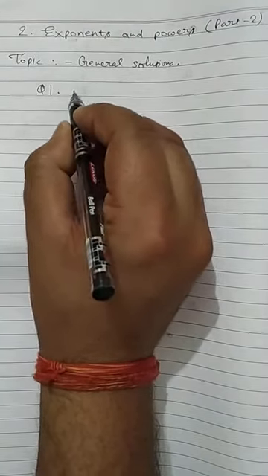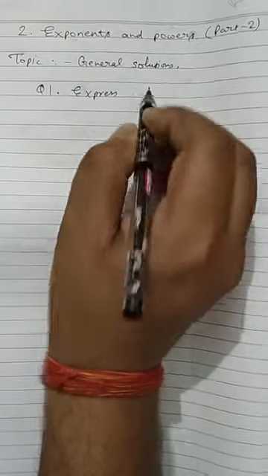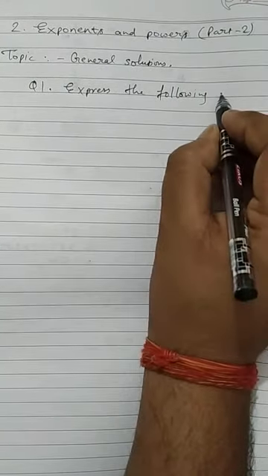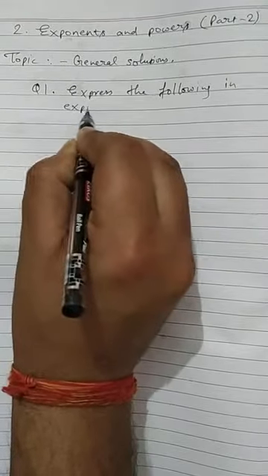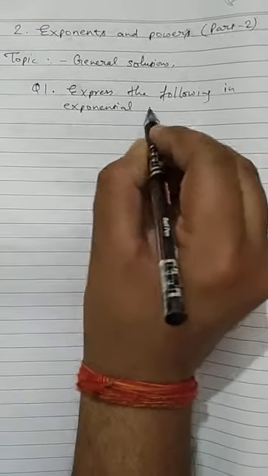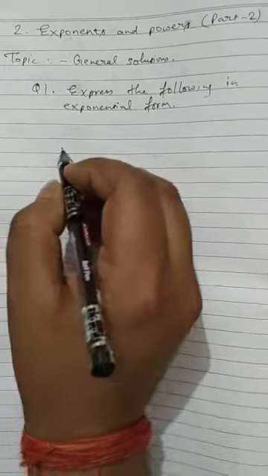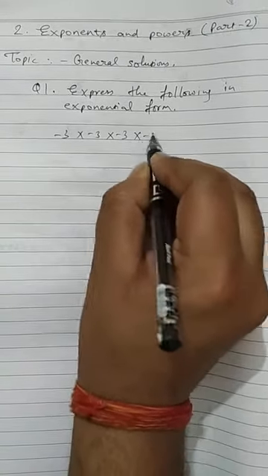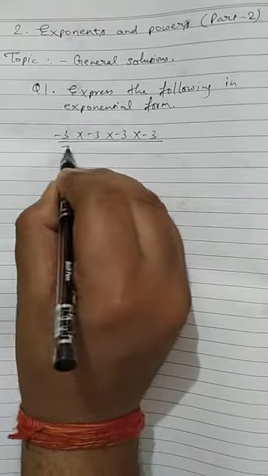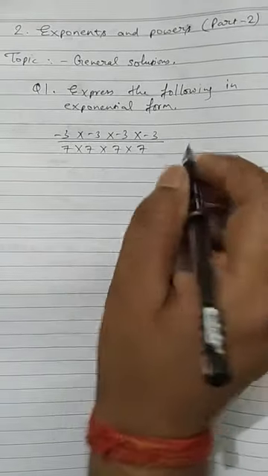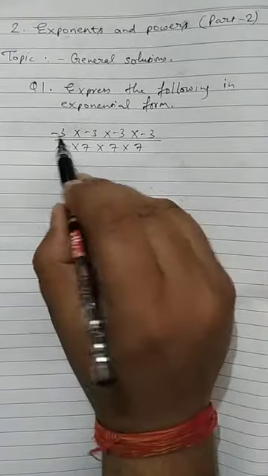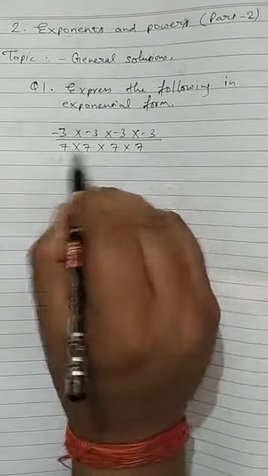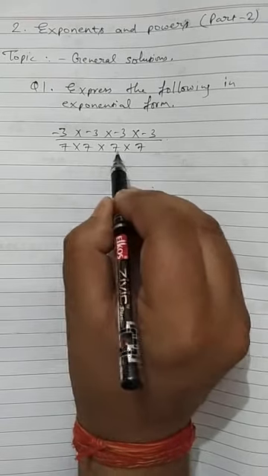Express the following in exponential form. We can see that minus 3 multiplied by minus 3 multiplied by minus 3 multiplied by minus 3, whole upon 7 into 7 into 7 into 7.